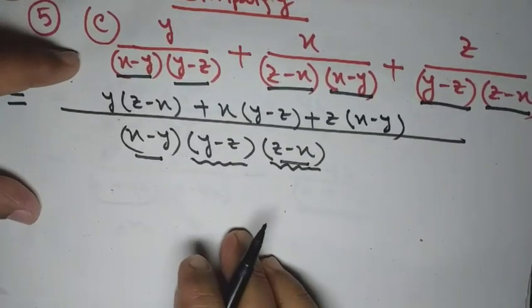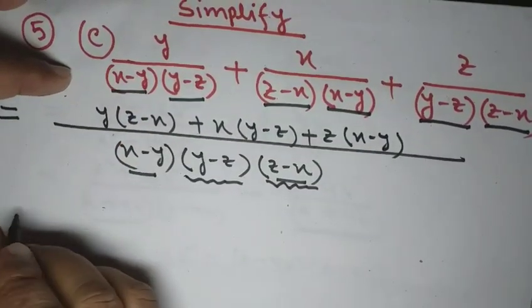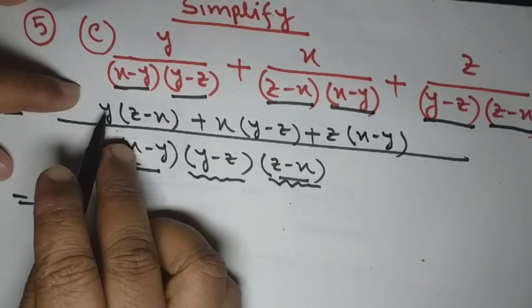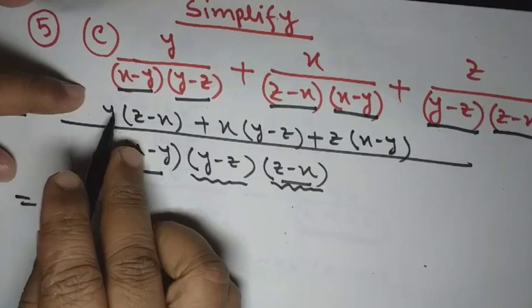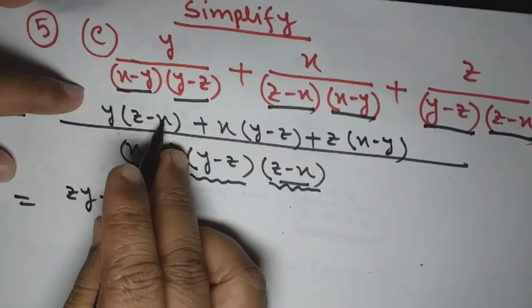Now we will multiply this 3 term. If we multiply y and z, we will get zy, plus minus minus xy.